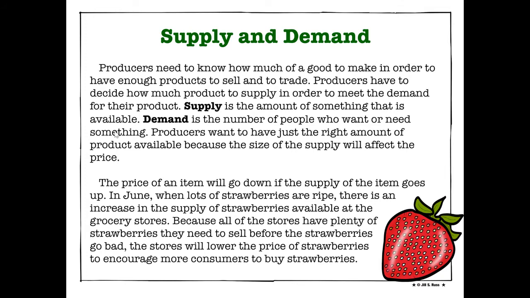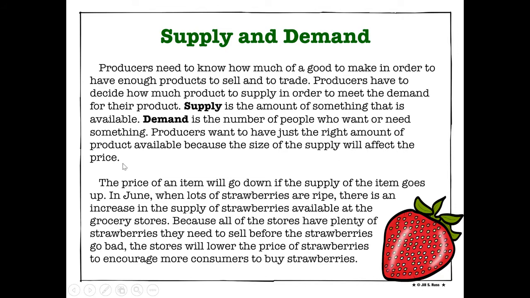So if everybody decides that today they want to buy chocolate chip Pop-Tarts, then the demand would be high and the grocery store supply would probably start to run low because everyone is buying it. Producers, remember, that's someone who makes something, want to have just the right amount of product available because the size of the supply will affect the price.